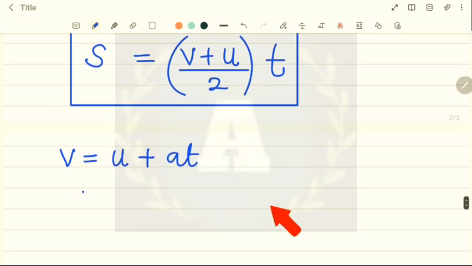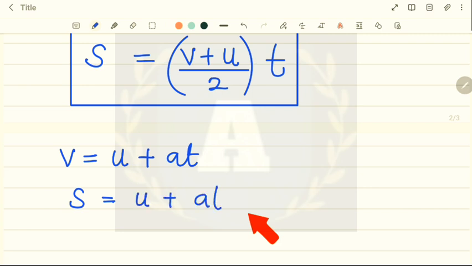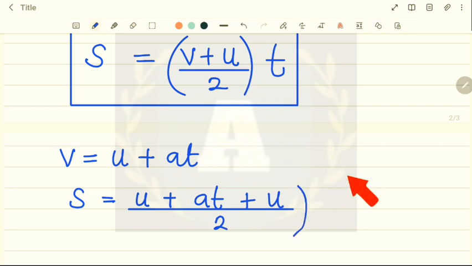So we can write that s, the displacement or distance, is equal to, instead of writing v, we substitute it with u plus at, then plus u, divided by 2, and then into the bracket of t.